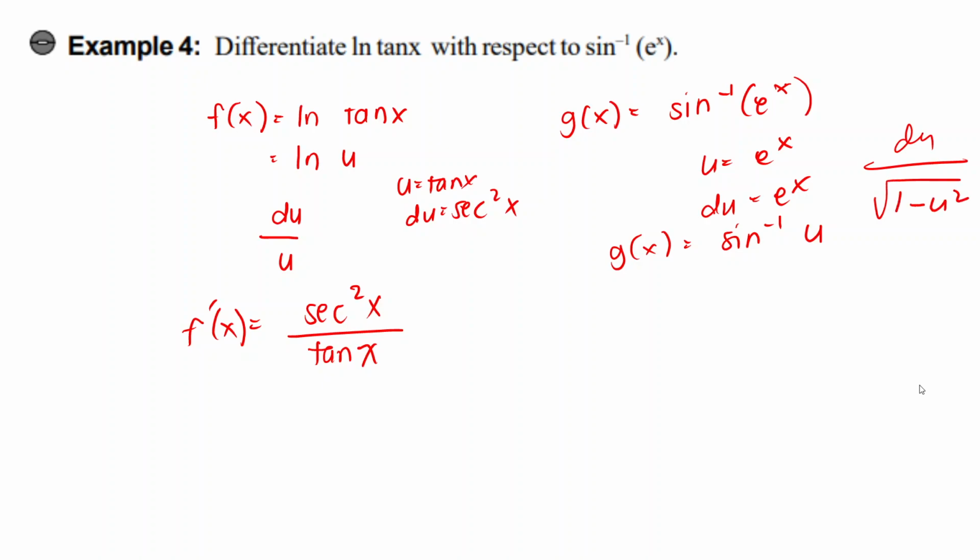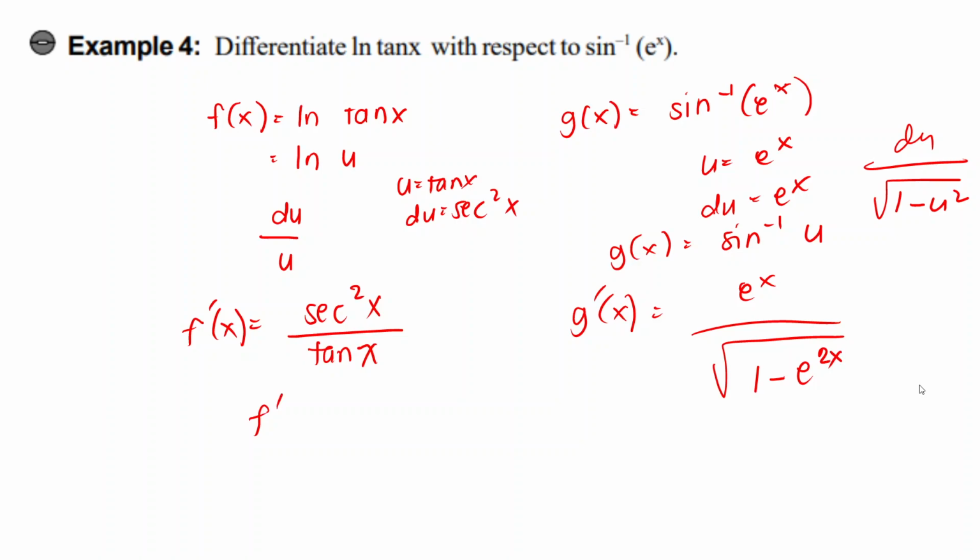So g prime of x is equal to e to the x over square root of 1 minus e to the 2x.